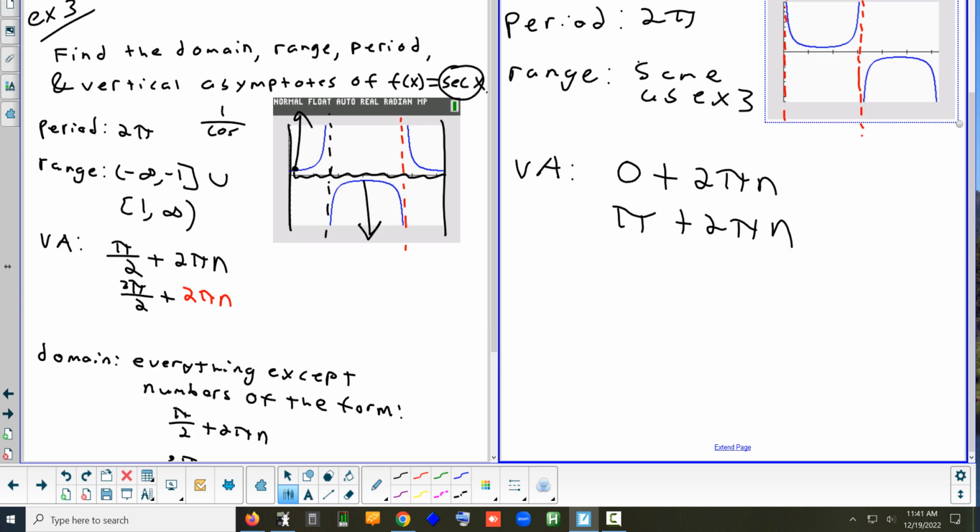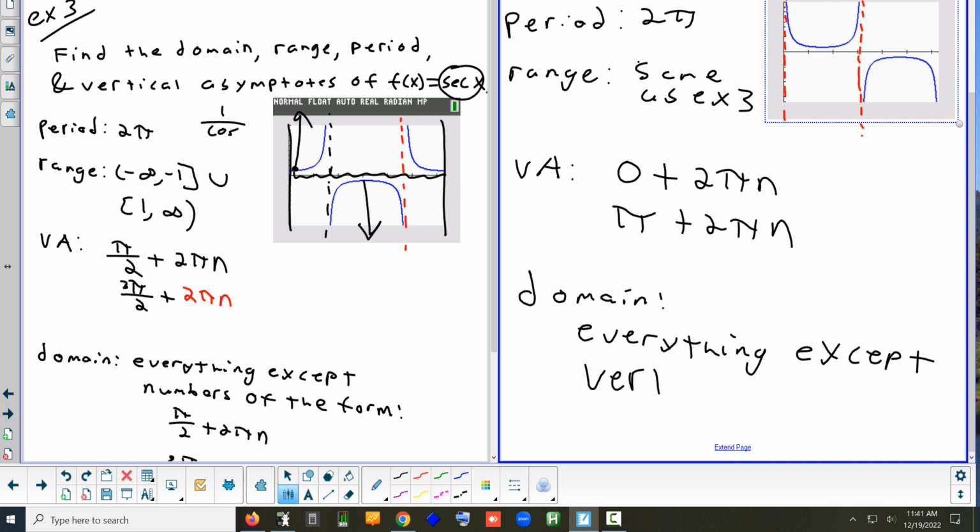Period's the same, range is the same, vertical asymptotes are different, but then you could say the domain the same way, everything except the vertical asymptotes. Question on?